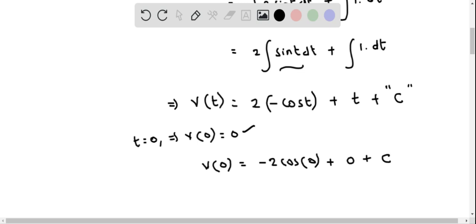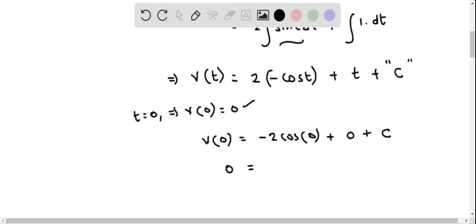V of 0 is given as 0, so replace this v of 0 by 0, and this equals negative 2 times cosine 0 is 1, so it is negative 2 times 1 plus c. Now we can solve for c by adding 2 to both sides, so we get c equals positive 2.